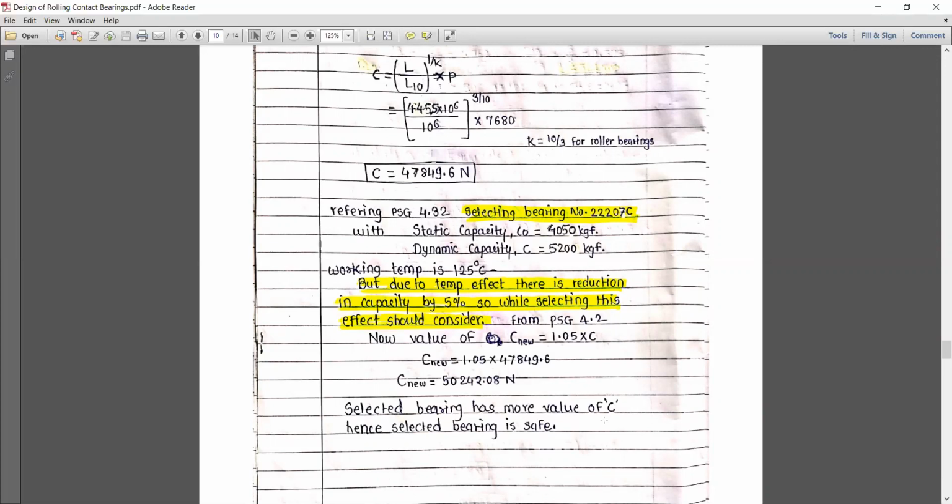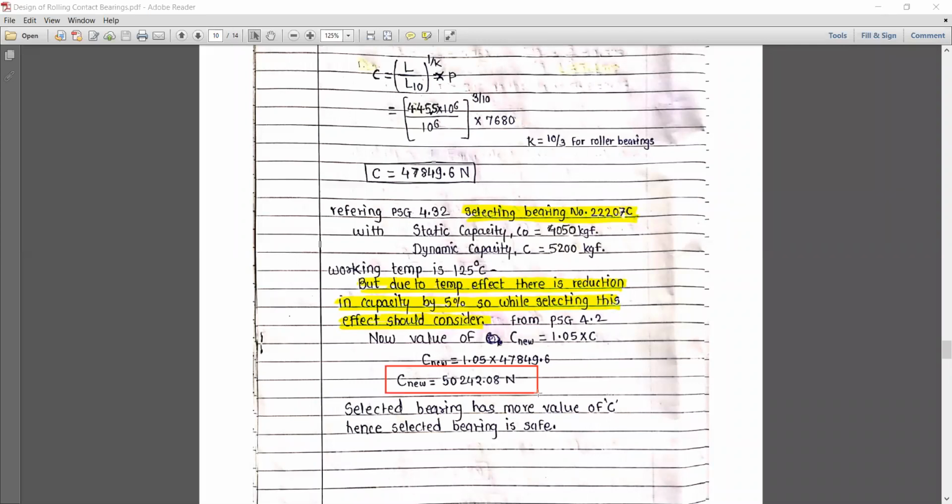And the new value of dynamic capacity which I get is 5024.208 kgf, that is the new value of C, the dynamic capacity.